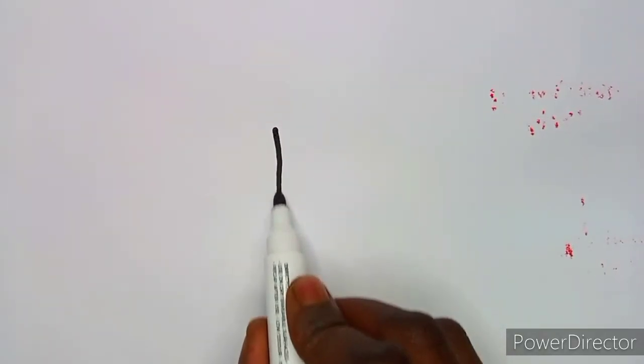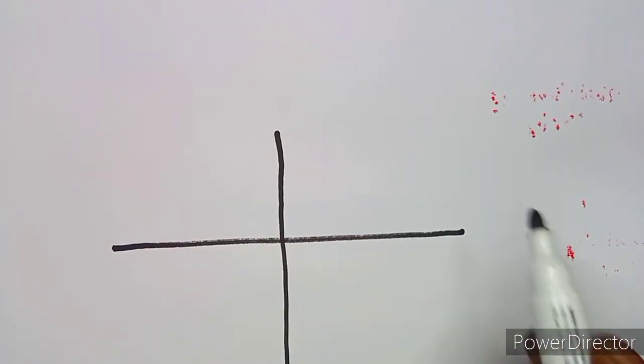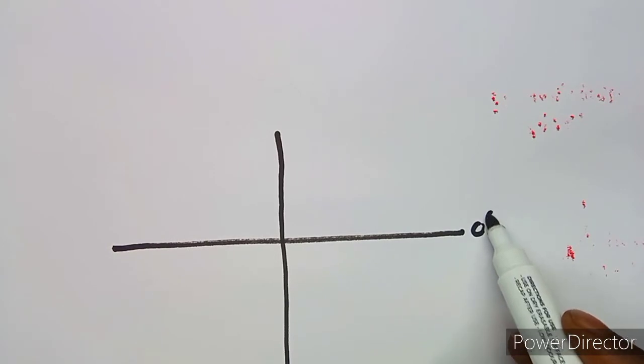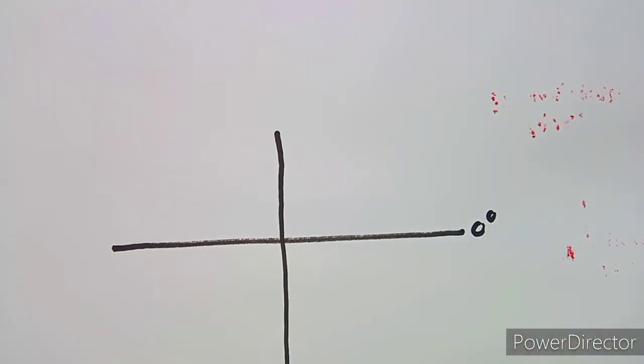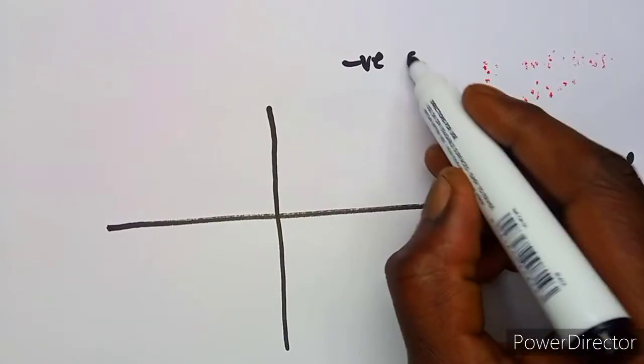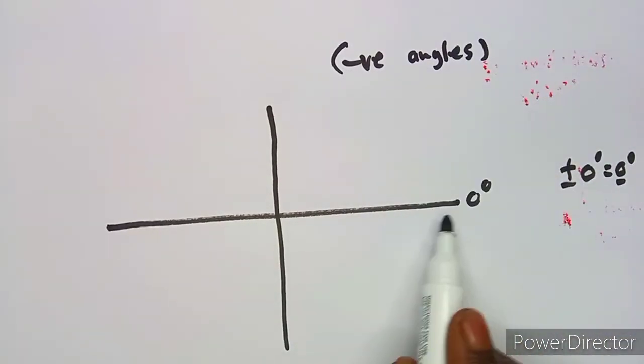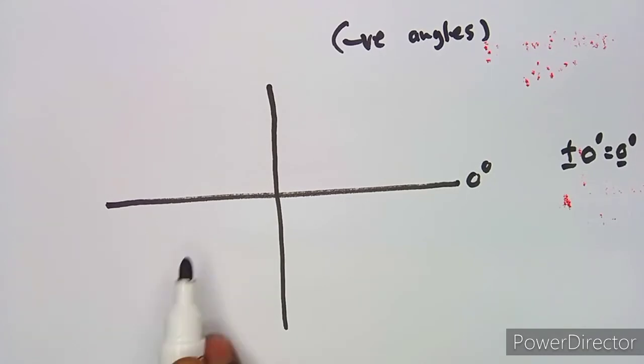We want to write this in terms of negative angles. So it will be like this. 0 can never be positive or negative. It's just 0 degrees. So it's a neutral number. Plus or minus 0 degrees is just 0 degrees. So now if we are referring to negative angles, that means we are going to be going this direction now.